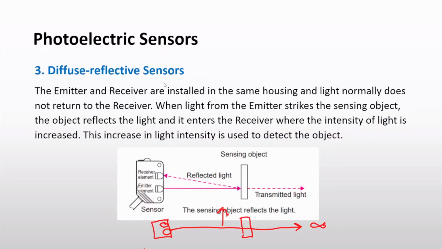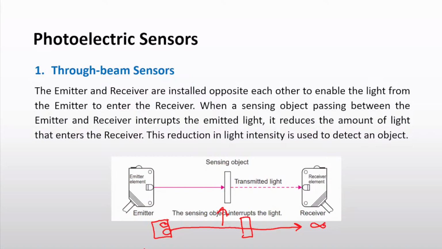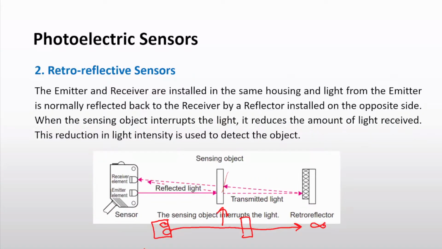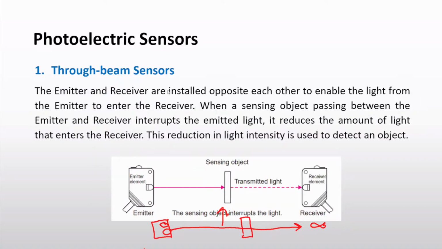You can see in the through beam sensor and in the retroreflective sensor, the receiver does not receive a sufficient amount of light when there is a presence of an object. In both of these, when an object is there, the amount of light reaching the receiver decreases.